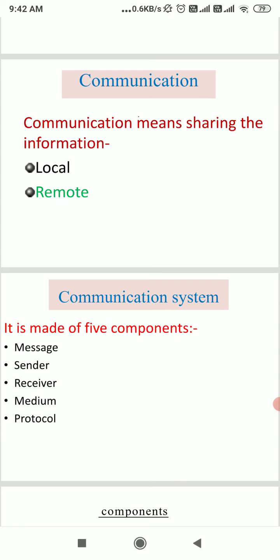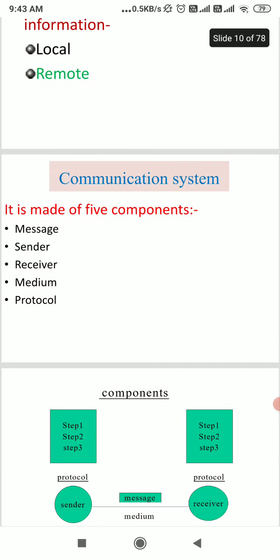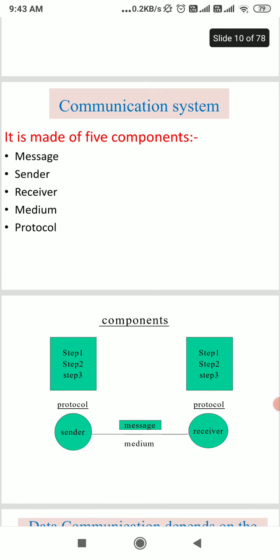So when we are talking about a computer network, our communication system will consist of 5 parts. These are the 5 components. Who is sending the information, that is the source or sender. Who is taking the information, that is the receiver or destination.